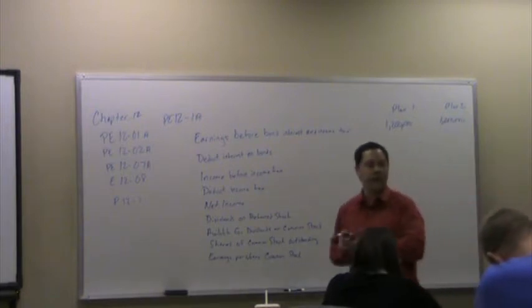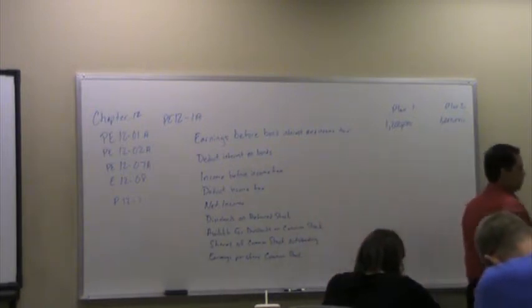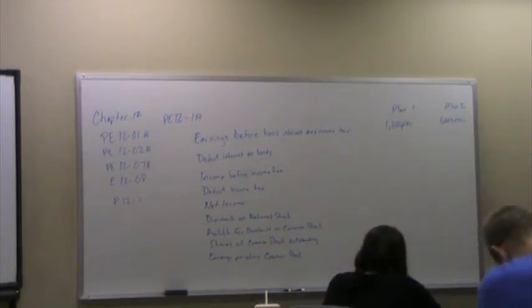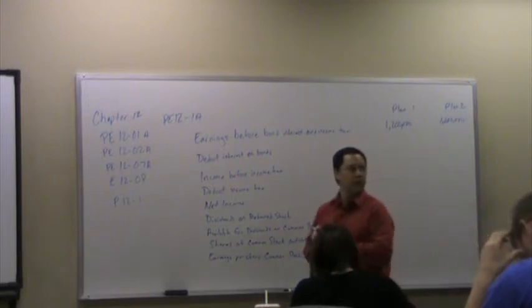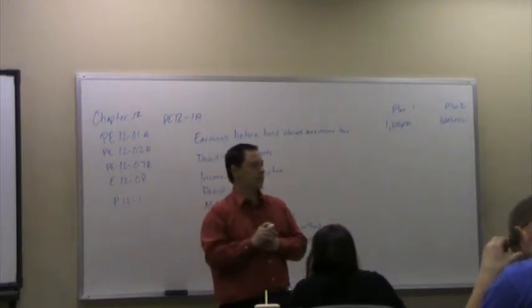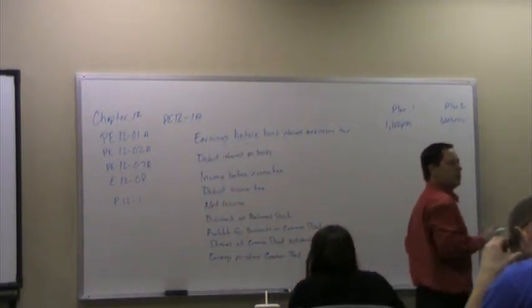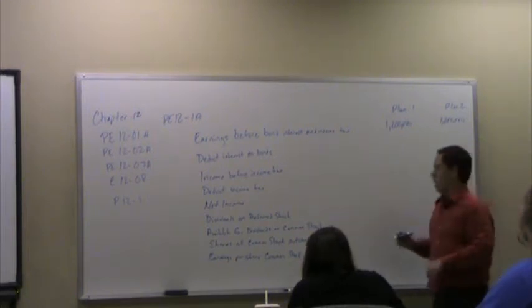We're paying 6% interest on that. So with 6%, what are we paying as interest that first year on plan 1? What's 6% of the 6 million? 360. Yeah, 360.